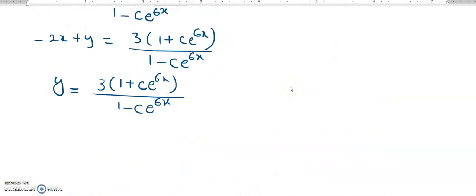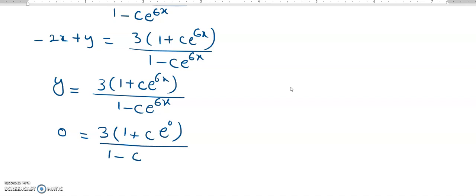So y0 is equal to 0, so 0 is equal to 3 into 1 plus c e power 0 divided by 1 minus c e power 0.